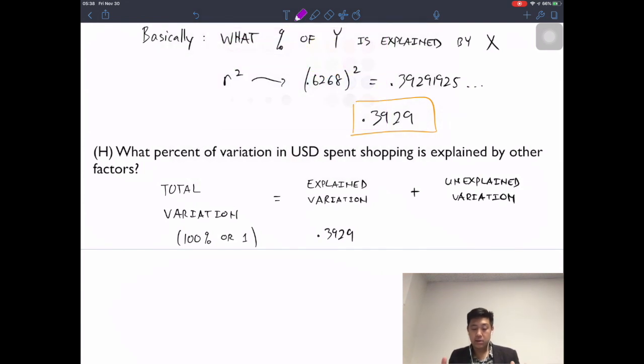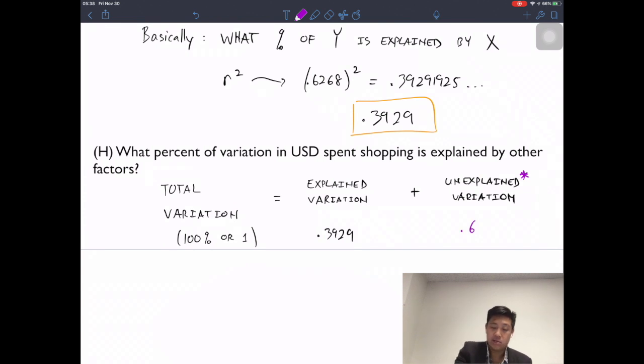This question's asking, hey, if 39% is described by the x, what about unexplained variation? Or in other words, other variables that we have not made or have access to or even described here. So here you can actually see it's basically 1 minus 0.3929 or 100% minus 39.29. But anyway, it's basically 0.6071.